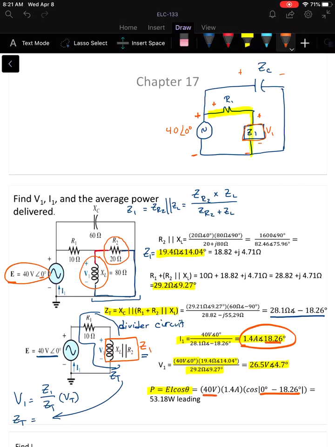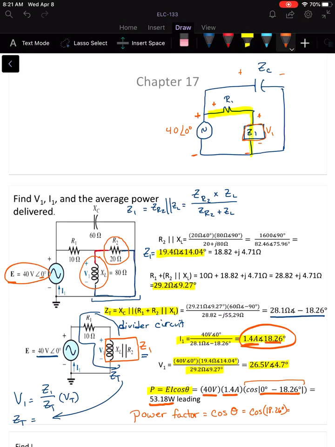So then our RMS voltage is 40 volts. Our RMS current was 1.4 that we just calculated. So that means we have an average power delivered to our circuit of 53.18 watts. And our power factor, remember, that's this argument right here, cosine theta, which in this case is cosine of 18.26 degrees.